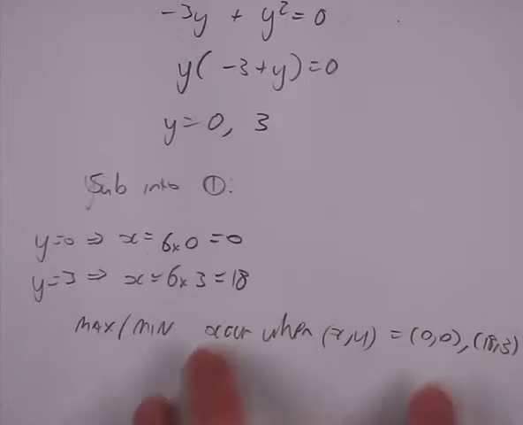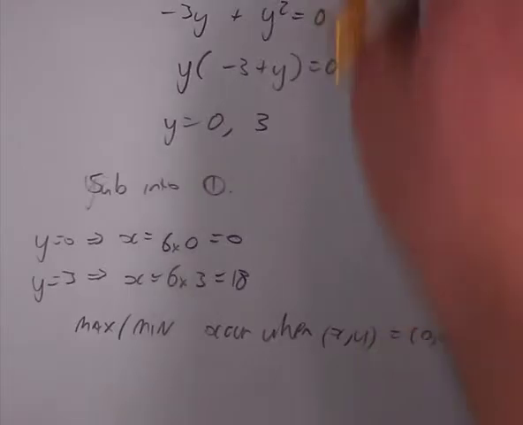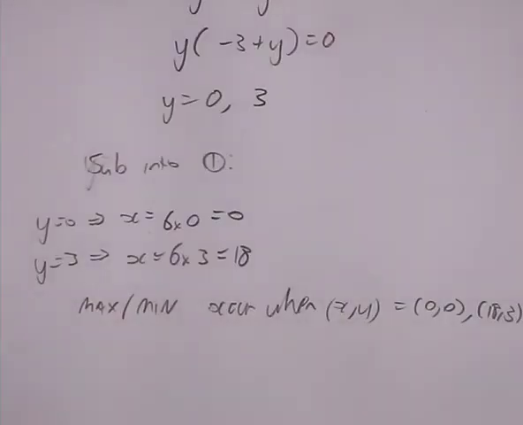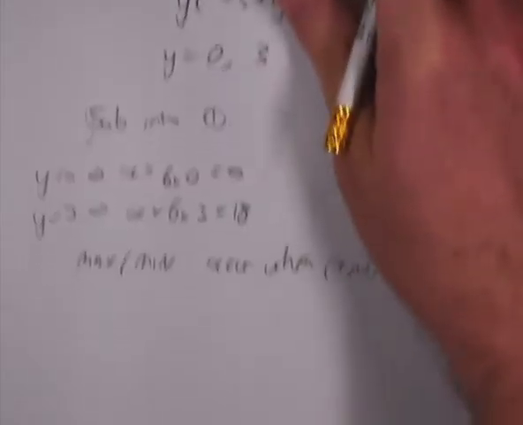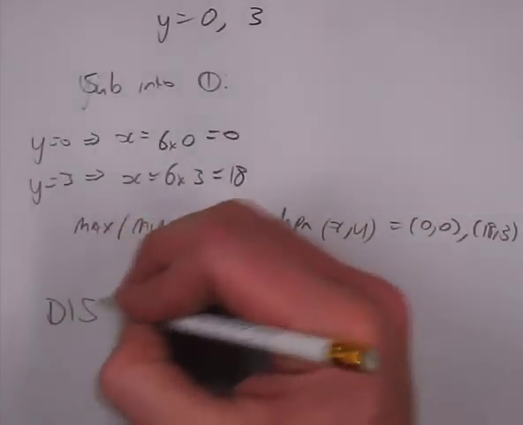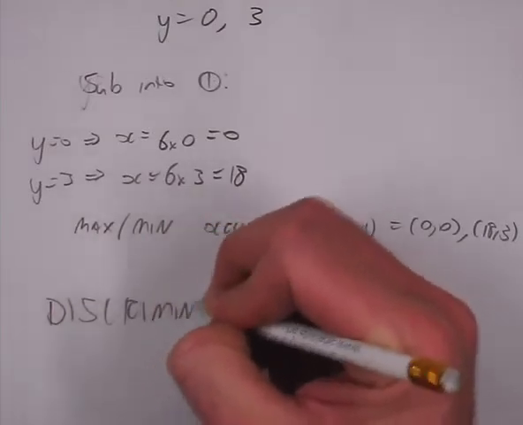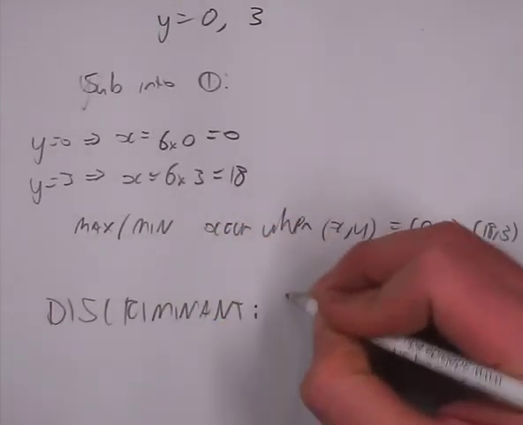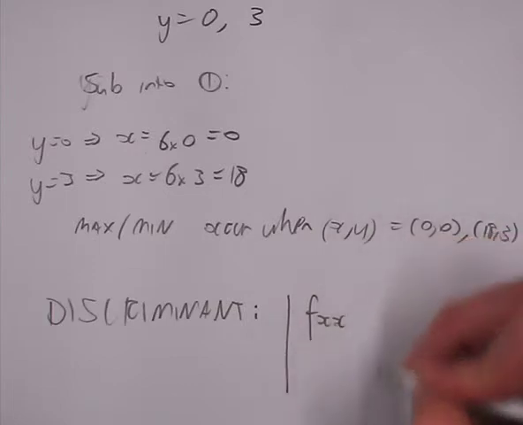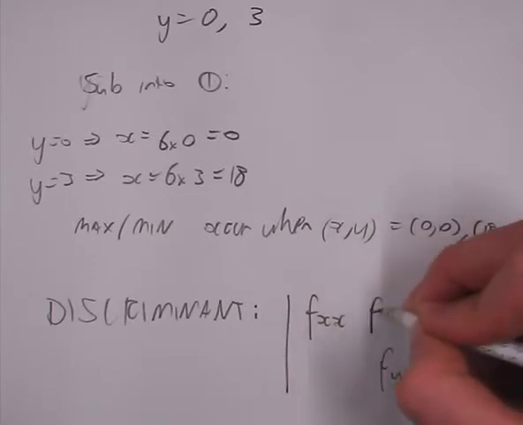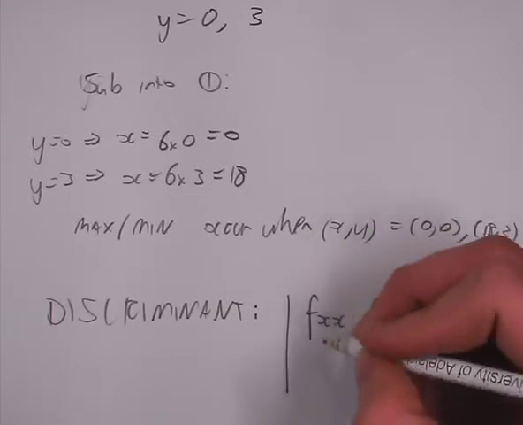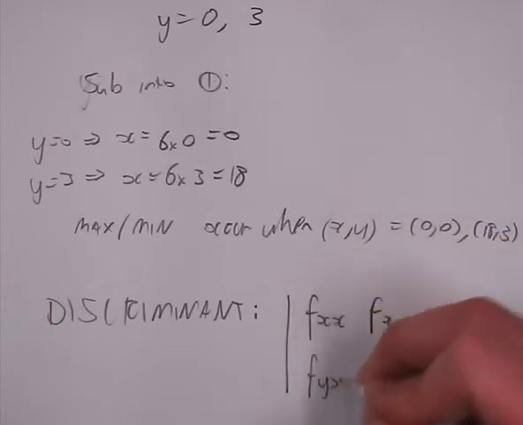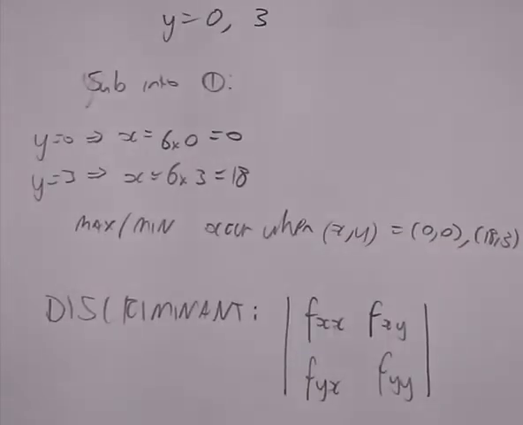In order to figure out whether they're maxima or minima, I need to use the second derivative test, which requires me to calculate a little matrix, which has a name, the discriminant. The discriminant is the determinant of this matrix.